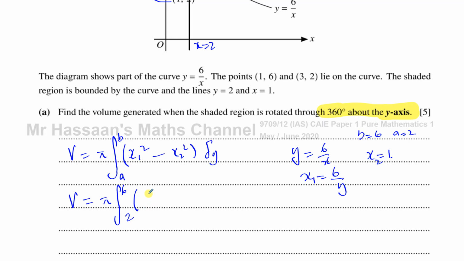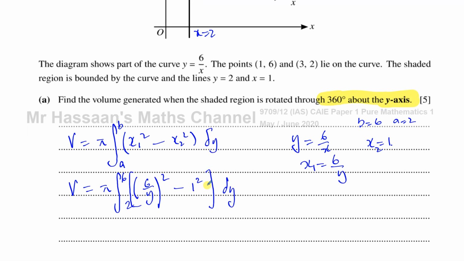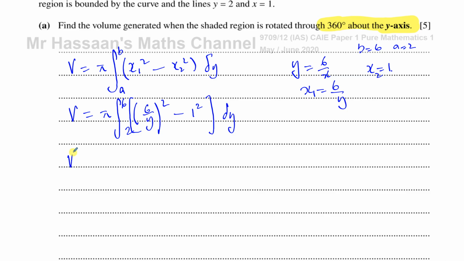So x1 is going to be 6 over y, that squared, minus x2, which is just 1, and that squared, and that has to be integrated with respect to y. So let's just get it ready for integration. You have pi, and here you have 6 and 2, and this is going to be 36 over y squared minus 1, integrate with respect to y.